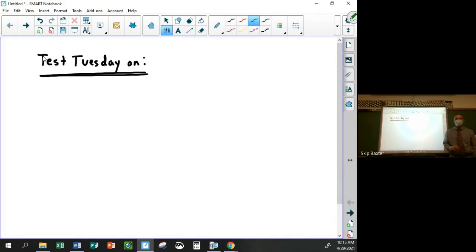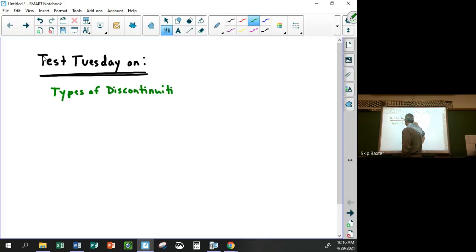All right, so things we've done since the last test include types of discontinuities. So remember that includes infinite discontinuities, jump discontinuities, and removable discontinuities. Then we did continuity of piecewise functions.